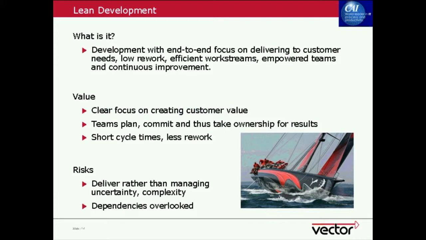Lean is in a way a little bit more generalizing and trying to take the product focus. The effects is pretty much in line with what we heard. It's more customer value, it's more team spirit, it's reduced rework. The risks to struggle with uncertainties, with complexities, to overlook dependencies, this is something which we also see in Agile, and obviously complexity can kill any of these paradigms.